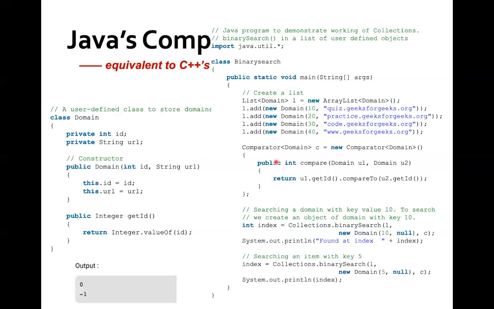Now with this comparator defined, we have a comparator object C, and we can do binary search on the domain with the comparator. This is different from the comparable interface, because the comparable interface is associated with the object domain, while the comparator you can change. Here this comparator compares IDs, and I can define another comparator to compare URLs, so it's more flexible.